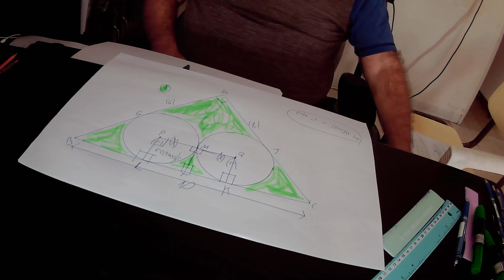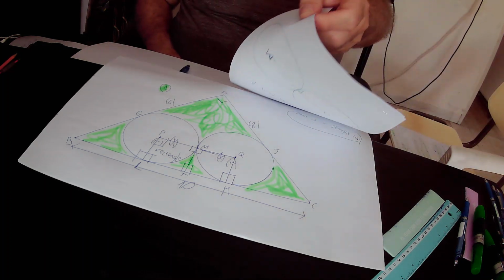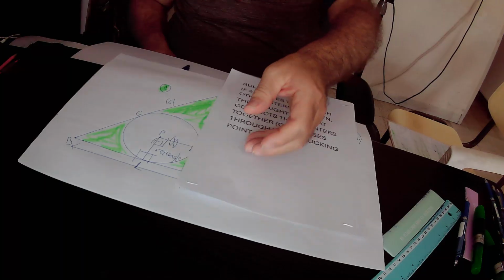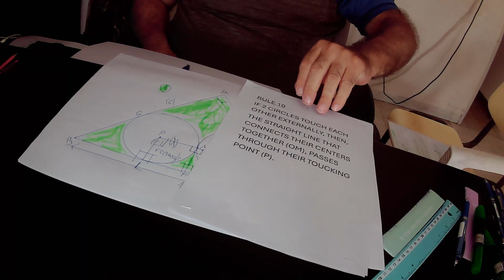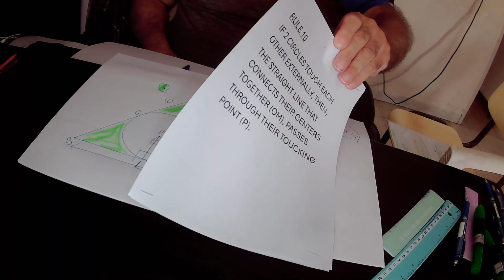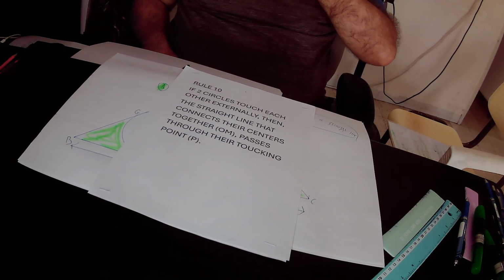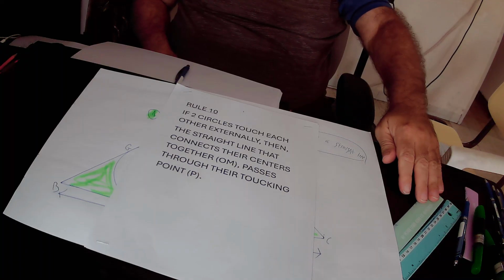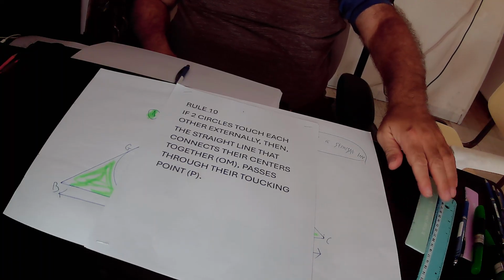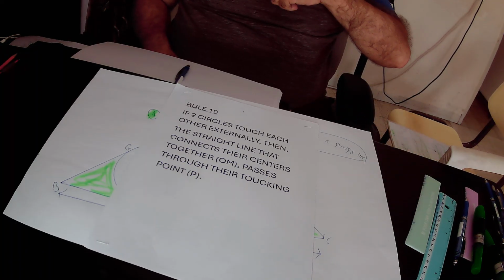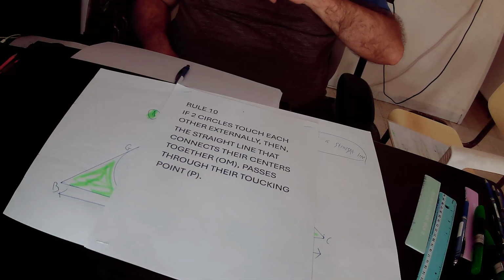So I can click on rule 10. According to rule 10, if two circles touch each other externally, then the straight line which connects the centers of the circles passes through their touching point.